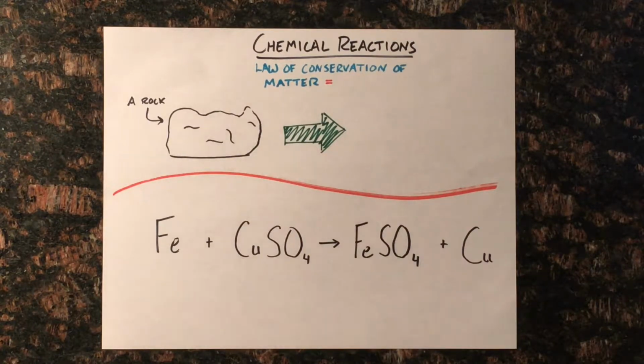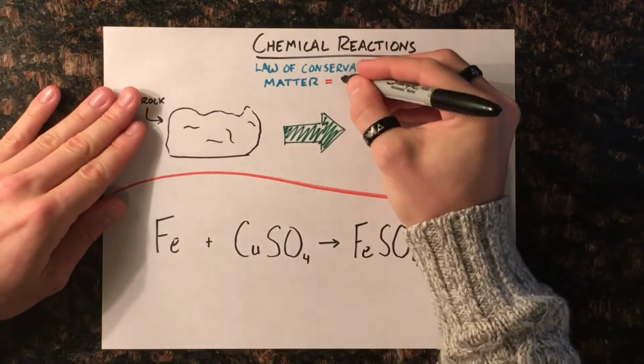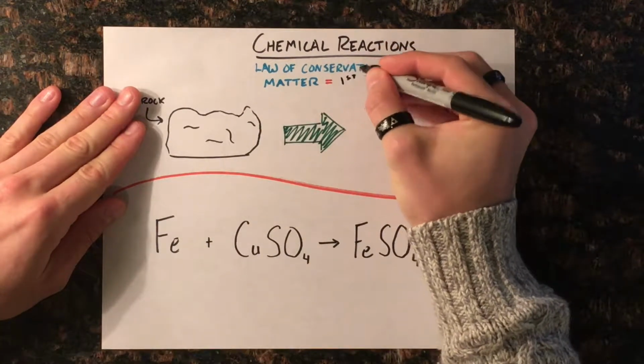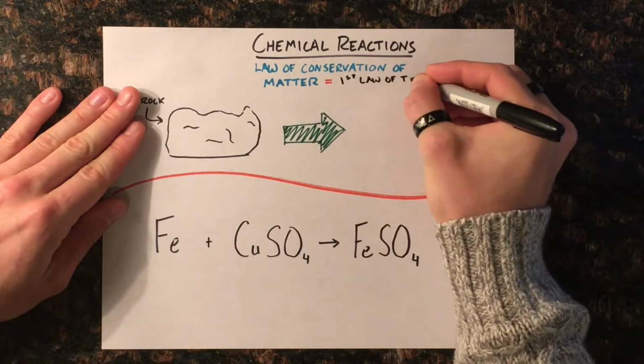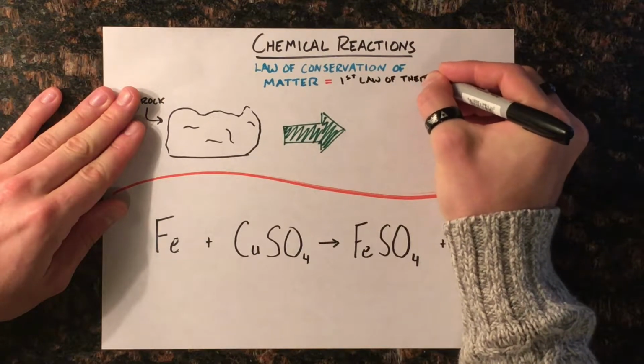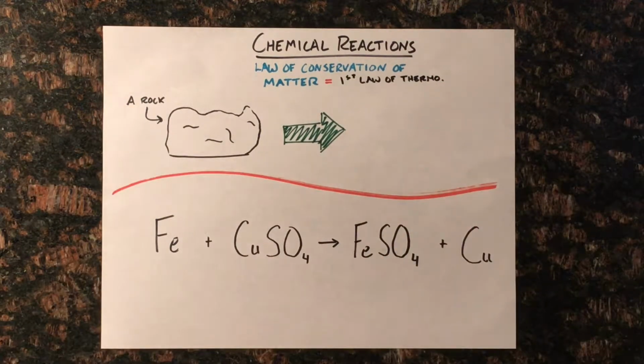And if that sounds really familiar to you, you're probably right, because this is really just the same thing as the first law of thermodynamics, which you've seen a lot, right? So interestingly enough, this law applies to many things.